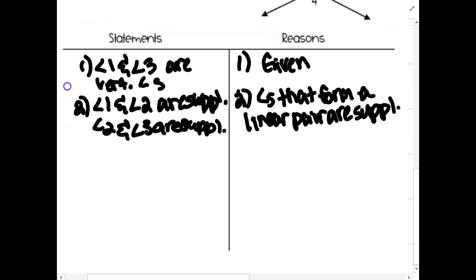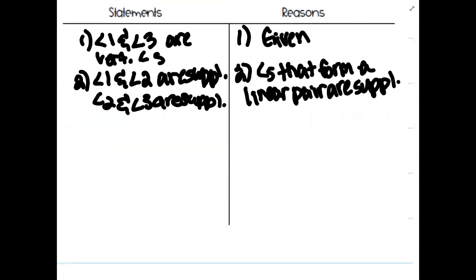Now, going forward, since I know angles 1 and 2 are supplementary, what does that mean? They equal 180.